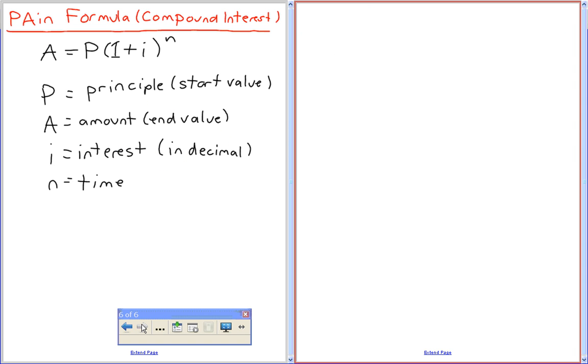Let's do a quick example here, then I'll let you guys try one. Actually, I'm going to put a note here before I begin. We can instantly calculate compound interest with this formula.